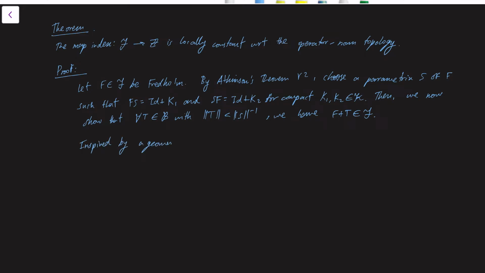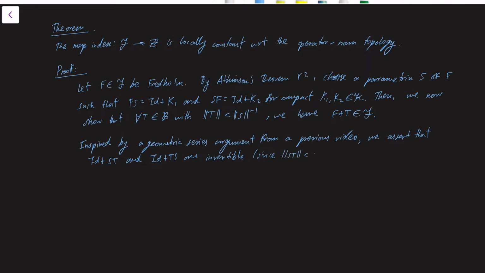Inspired by a geometric series argument that we had used in a previous video, we assert that the identity plus ST and the identity plus TS are invertible operators. This is because the norms of ST and TS are less than 1.